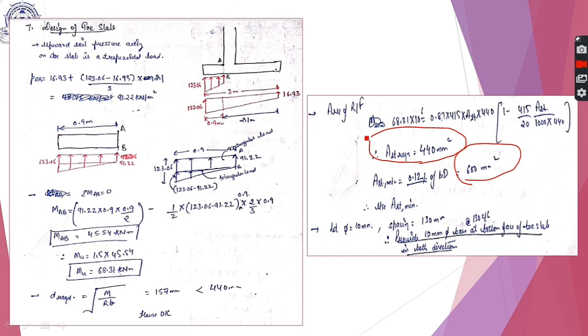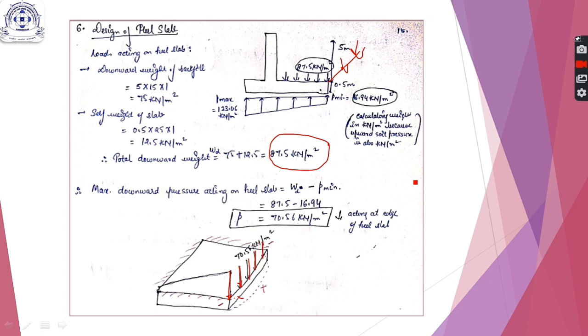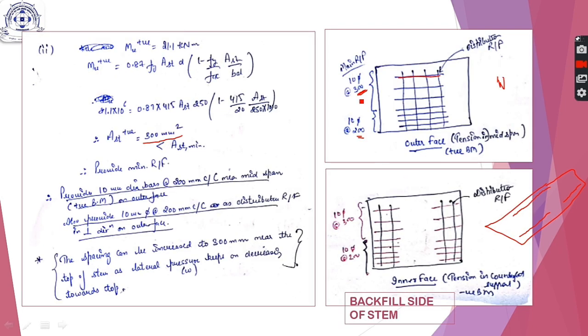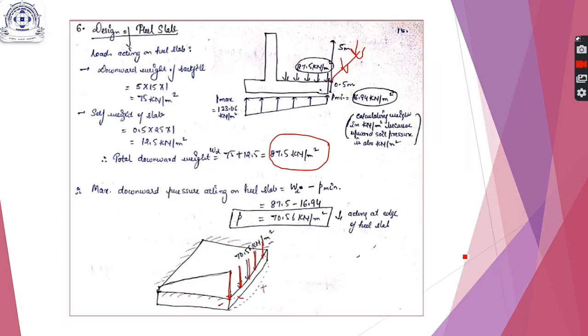So always, whenever you are designing the reinforcement, keep noting in your mind where we are providing this reinforcement. For example, if we start with the stem, the main reinforcement was provided near the midspan on the outer face and near the supports on the inner face, and the other reinforcement was the distribution reinforcement.